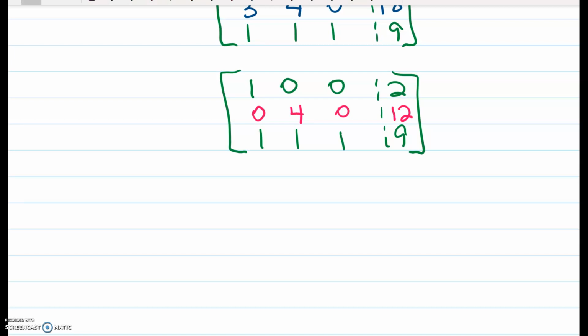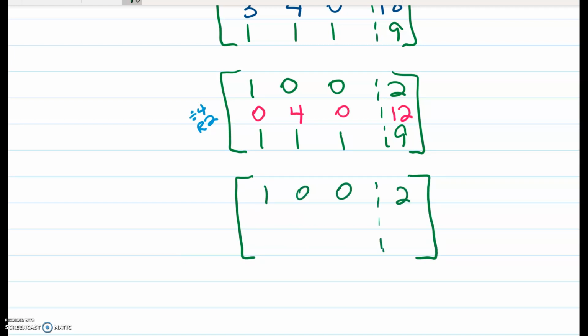I want that 4 to be a 1. So because I want that 4 to be a 1, what I need to do here is divide this row by 4. And I'm going to just replace row 2. So 1, 0, 0, 2.